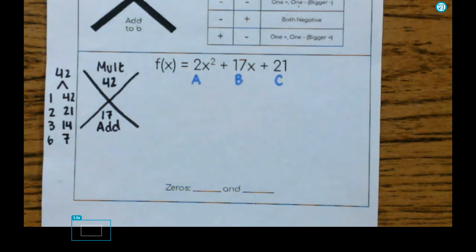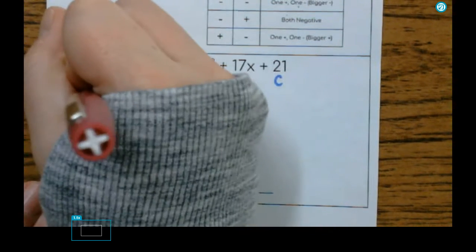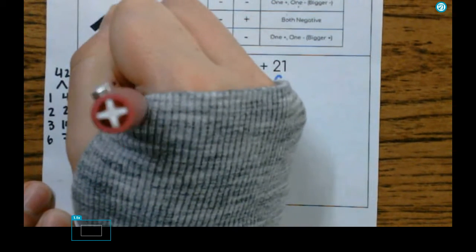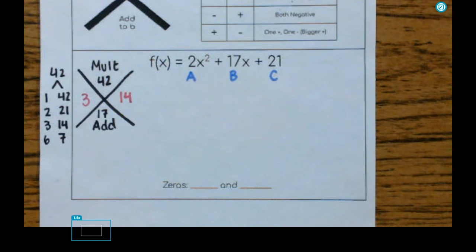Okay. Any questions about those factors? Okay. Which one of those pairs add together to be 17? 3 and 14, because 14 and then 15, 16, 17. So those are my two numbers I am going to use, is 3 and 14.